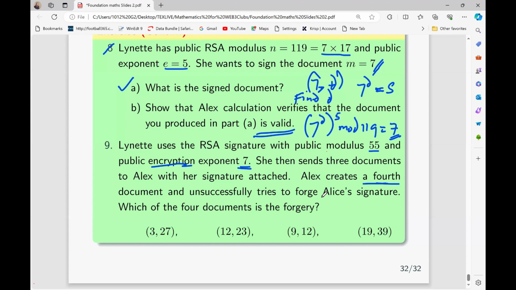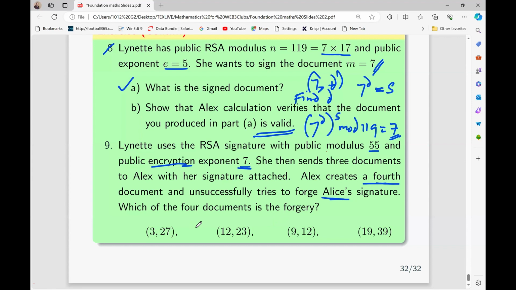I changed the names. I think this is supposed to be Lynette. Now, which of the 4 documents is a forgery? You see, there are times you can sign some contract with a company, and then the company wants to forge another one for you. Maybe the MD wants to forge.